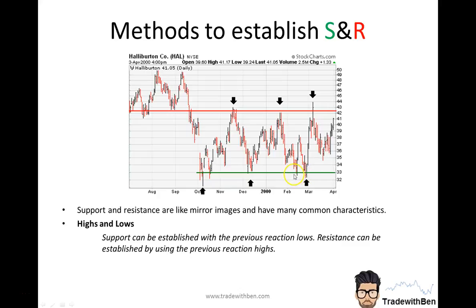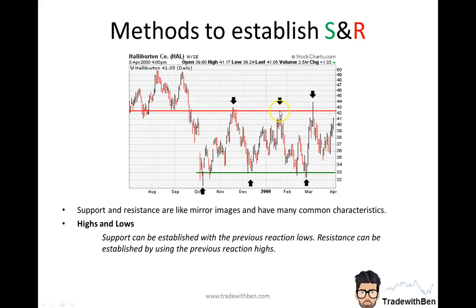After each bounce off support, the stock traded all the way up to resistance. Resistance was first established by the September support break at 42.5, as you can see over here. And after a support level is broken, it can turn into a resistance level, like I just explained to you. From the October lows, the stock advanced to the new support turned resistance level around 42.5. So you can see that right over here.